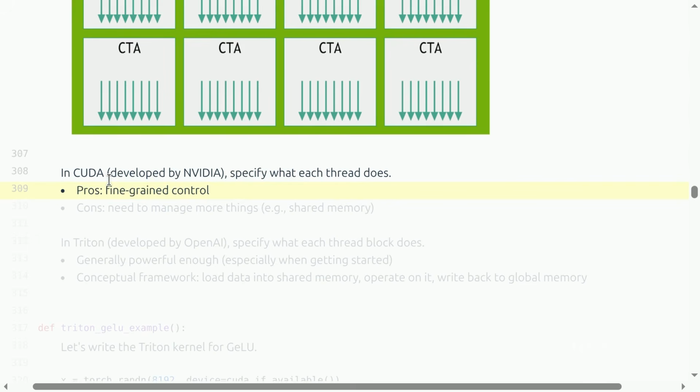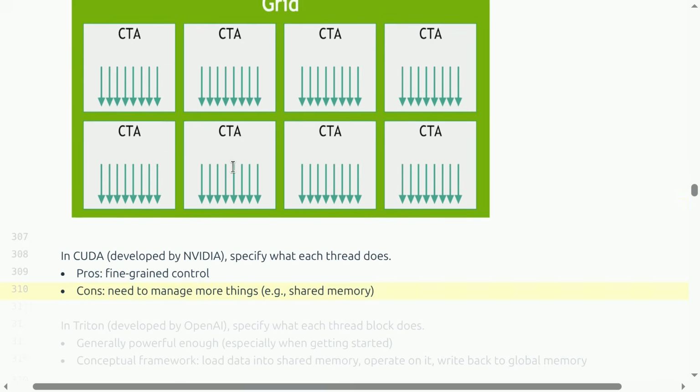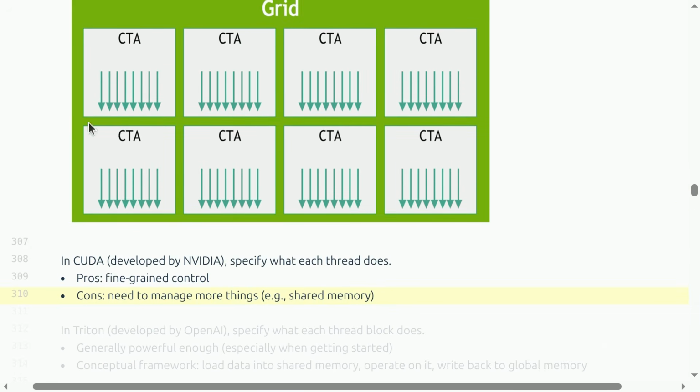It gives you fine-grain control, but there are cons here, which is that remember all of these threads are in a thread block, and some operations require them to communicate.